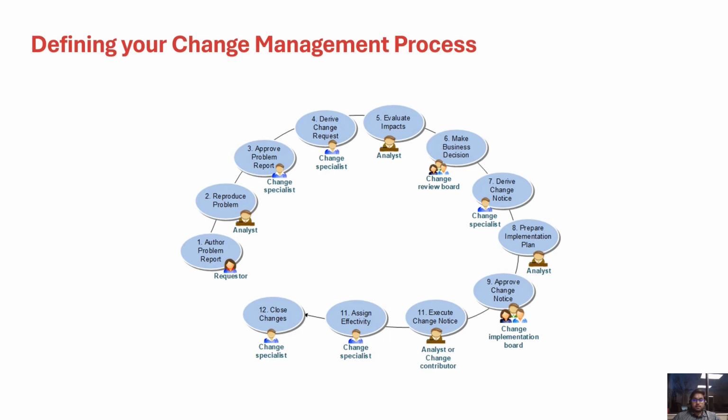Then second, we have the analyst. The analyst will go in the system and try to reproduce the problem that has been detailed by the requester. And then the third step is the change specialist and the analyst together will go through the PR. They will assign the priority to the PR and finally approve the PR. Once the PR is approved, the change specialist will go ahead and create a change request for it, and the analyst will provide a solution or several solutions for this problem.